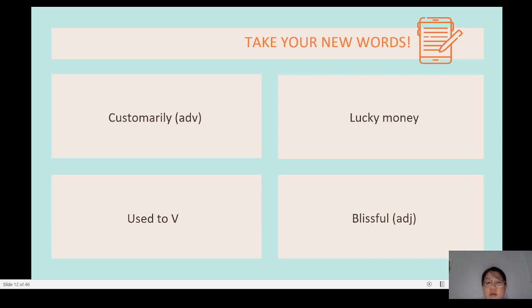The structure "used to" plus a verb means that you did this action in the past, but at the moment you no longer do it anymore. Blissful is an adjective to express something happy, joyful, and so on.